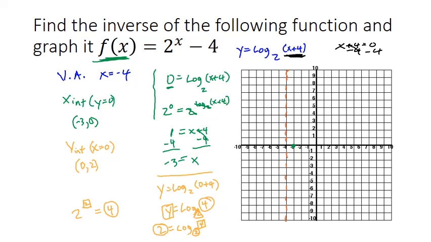We know we have a y-intercept at 0, 2. So what exactly would the graph look like? We know that if we connected these 2 points, it would continue to get closer and closer to our vertical asymptote, but never touch. And we know that if we continue the graph in this direction, it would continue to increase, but it would do so very slowly. So that's what our logarithmic graph looks like.